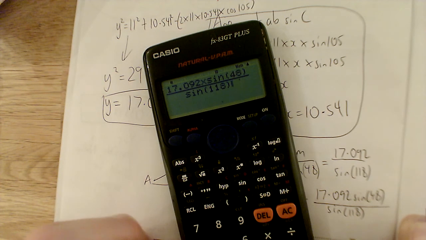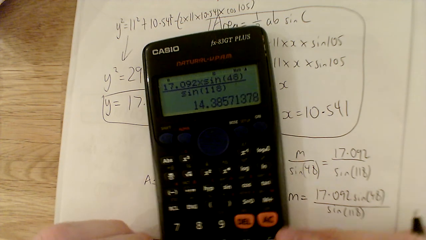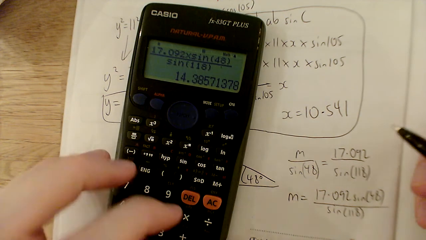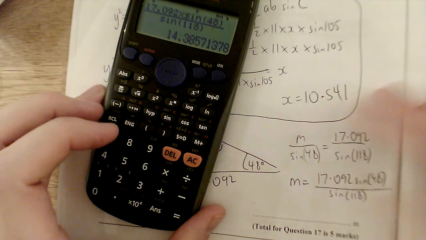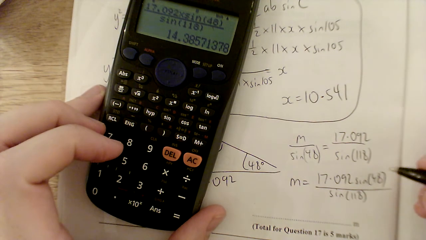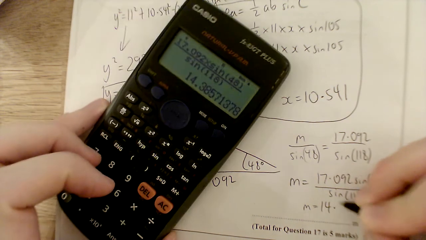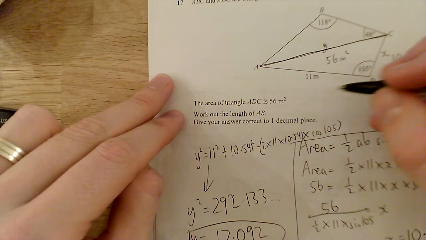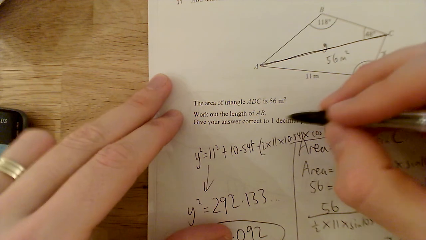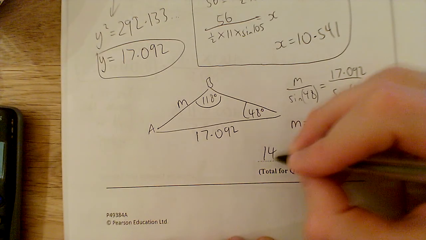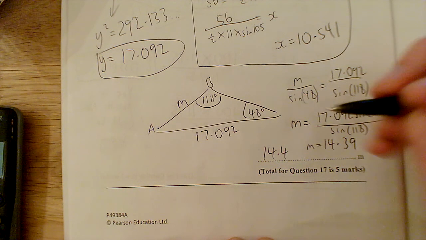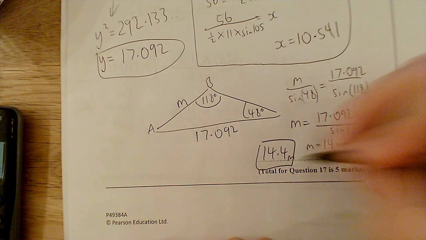After all this working, being very methodical, it comes out that the side I'm looking for is 14.39. Just one more thing, I look back at the question, always do before you move on. Give your answer correct to one decimal place. 14.39, I'm going to put it as 14.4. There you go.